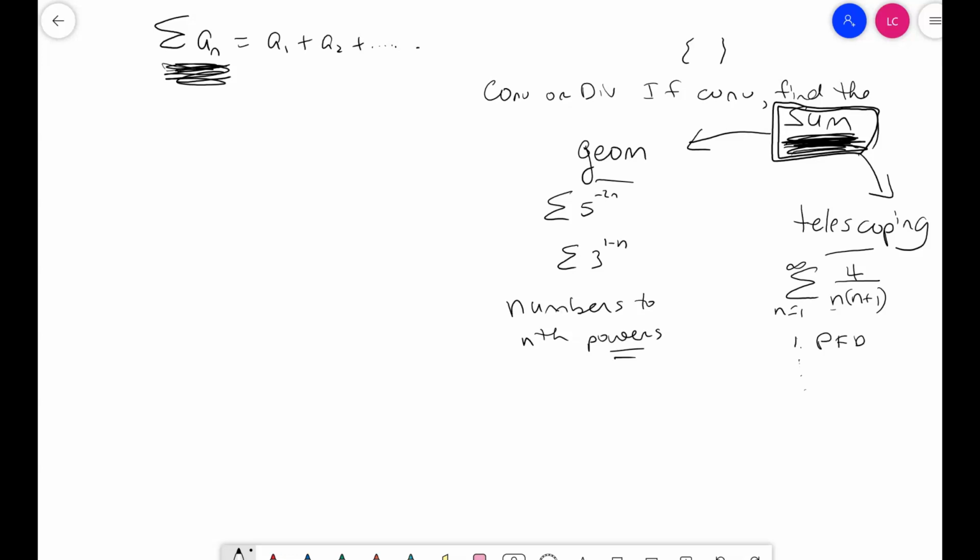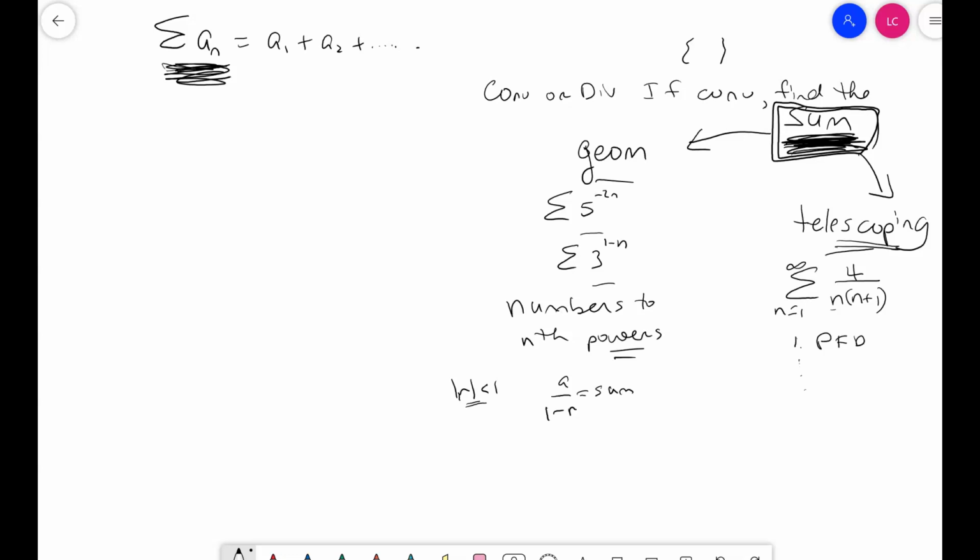Writing out the first three terms is the best way to find out what the a and the r are equal to. If it does converge, then the sum is a over 1 minus r. Remember, it will converge if the absolute value of r is less than 1. So write out the first few terms, and then you can find out what the sum is.